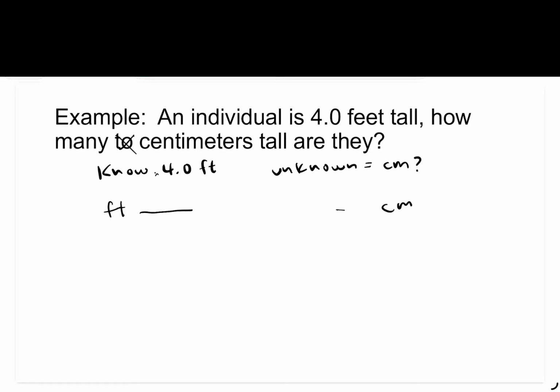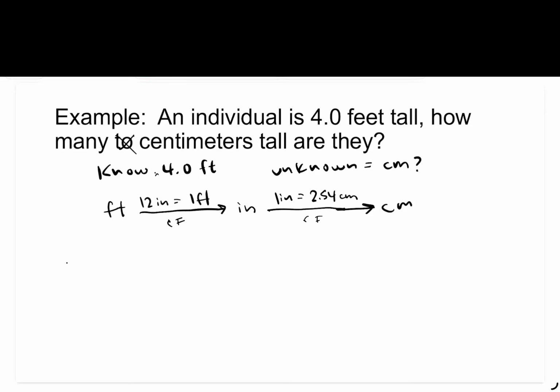So I actually have 2 conversions I'm going to do because I know information about feet to inches: there are 12 inches in 1 foot, an equivalent statement that I will use to make a conversion factor. Inches to centimeters, in 1 inch, there are 2.54 centimeters exactly. And also the 12 inches to 1 foot is exact. And I'm going to need some conversion factor out of that equivalent statement.